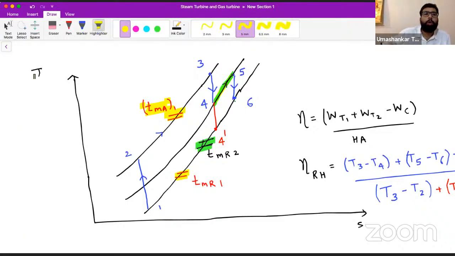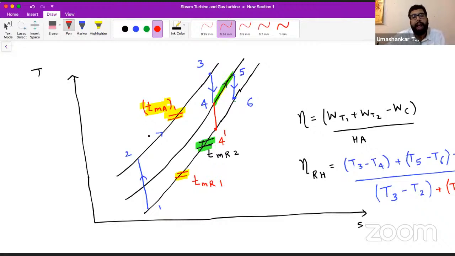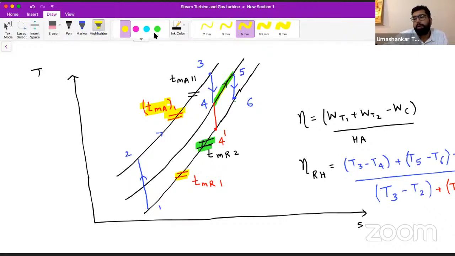No. Don't forget this green highlighted part of the reheater, that we are adding the heat from 2 to 3 as well as 4 to 5. So we are adding heat in 2 places. So the combined average between 2 and 3 and 4 and 5 definitely is going to be increasing. So this is our TMA2.